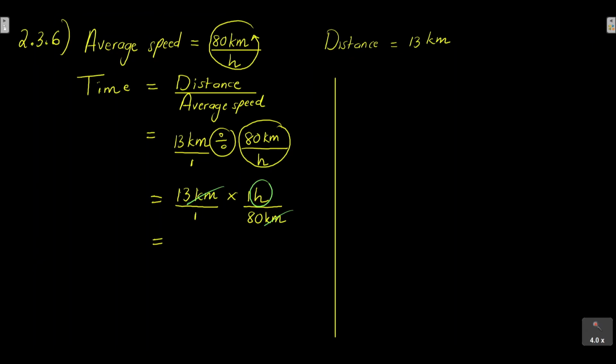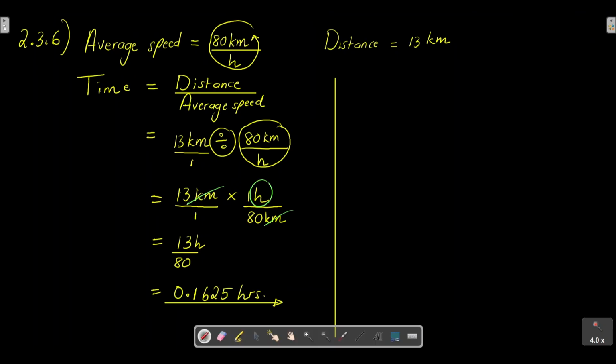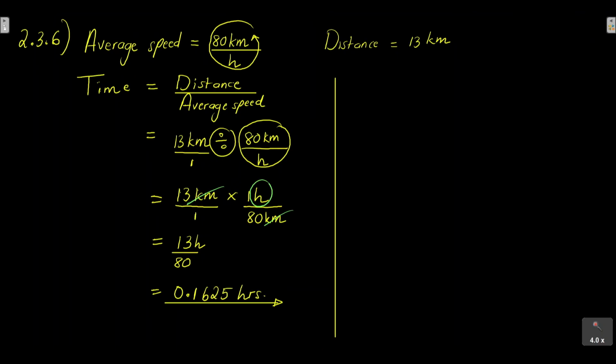So this is the same as just saying 13 divided by 80 hours. If you punch this into a calculator, you'll get a time of 0.1625 hours.